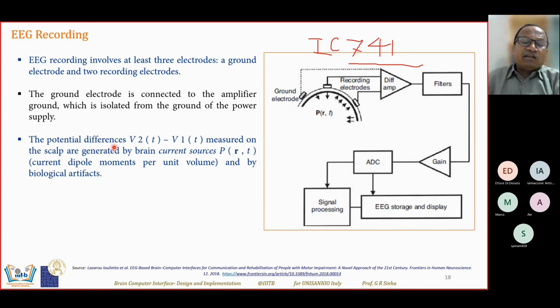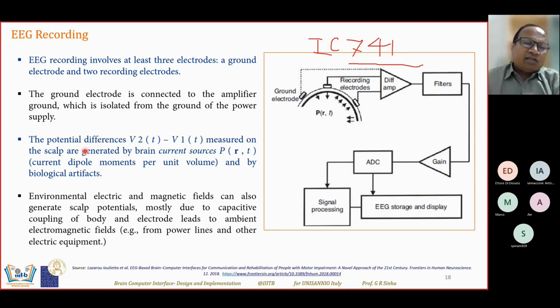And then the potential difference, actually V1 minus V2 or V2 minus V1, is obtained from these 2 electrodes. I have already explained, if there is any biological artifact, you can attenuate it through the filters.